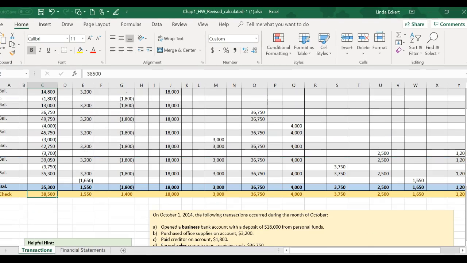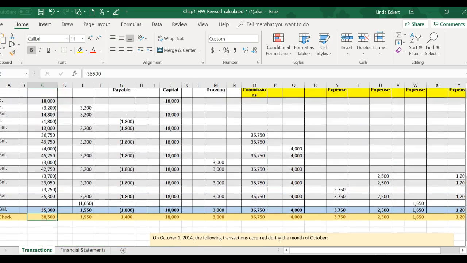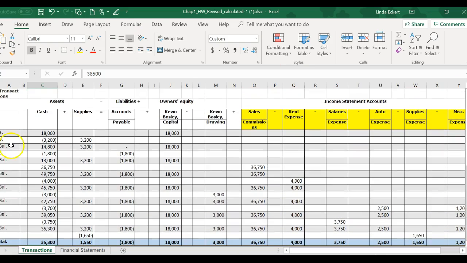There it is. Okay, I see what I did wrong. Look at, see, even instructors get it wrong sometimes. It says I purchased office supplies on account, which means I charged them, okay? Now when I came up here, this was correct. I thought 3,200 here, but this needed to be 3,200 here.